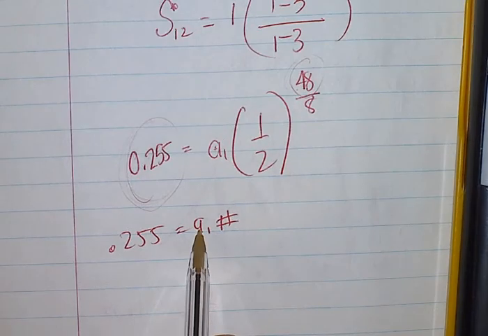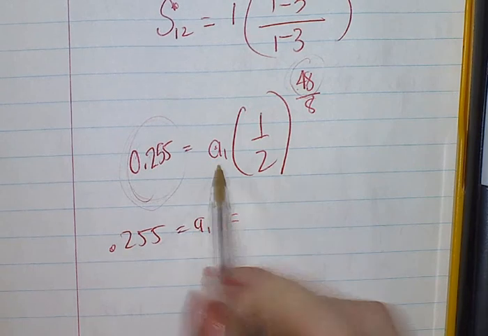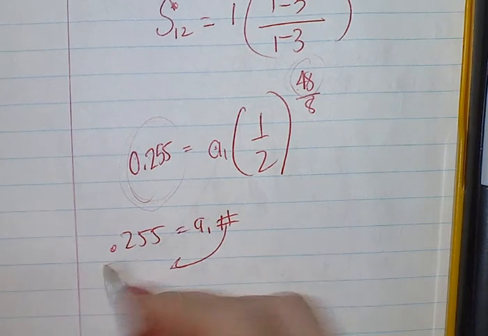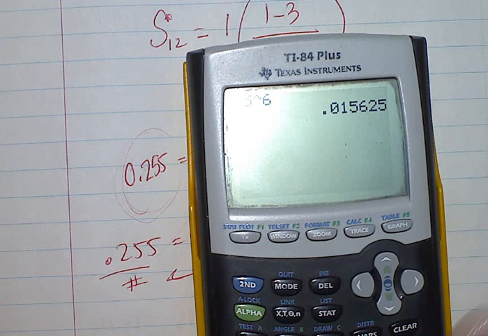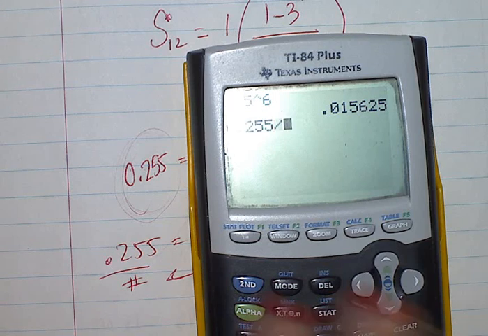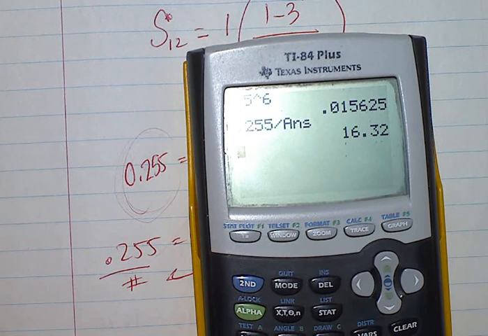Now if I want to isolate the a sub 1, which represents the initial amount, I want to divide by what I see on my calculator. So let's type in 0.255 divided by the previous answer, and the initial mass of the isotope is 16.32 milligrams.